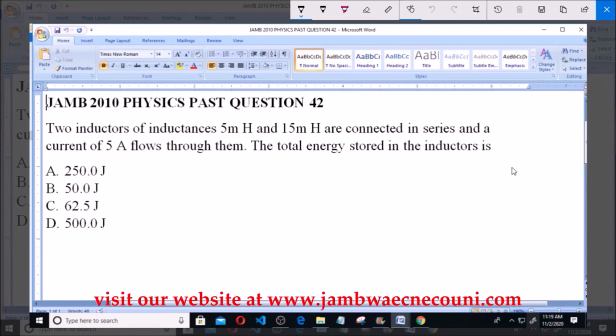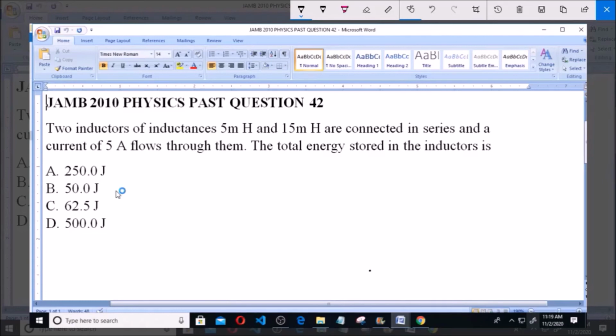Now we are given the inductances of two inductors, 5 millihenry and 15 millihenry respectively, and you're also told that these inductors are connected in series, and a 5 amp current flows through them.